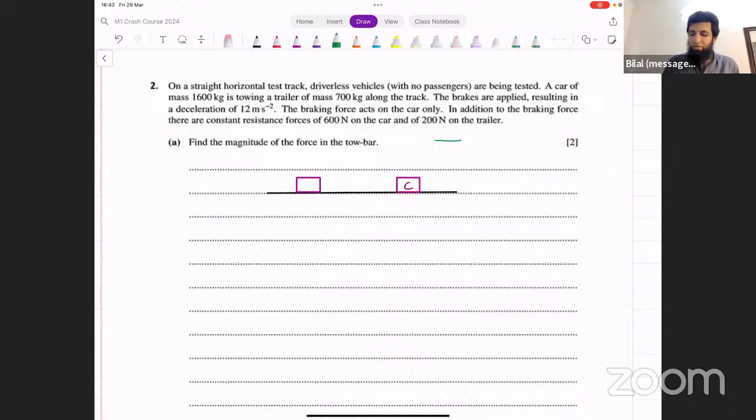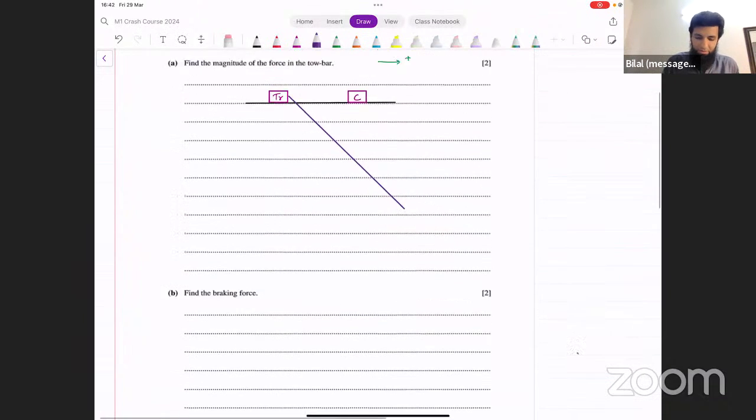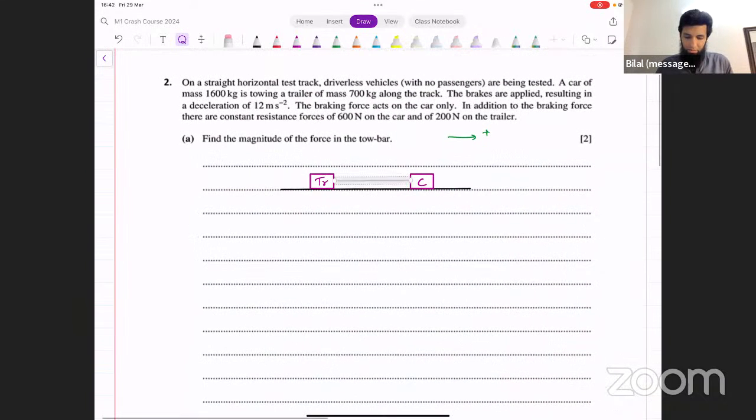If they are moving in the right direction, the car is on the right side, and it has a trailer connected to it using a tow bar.